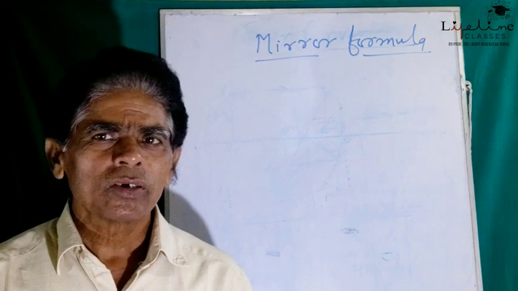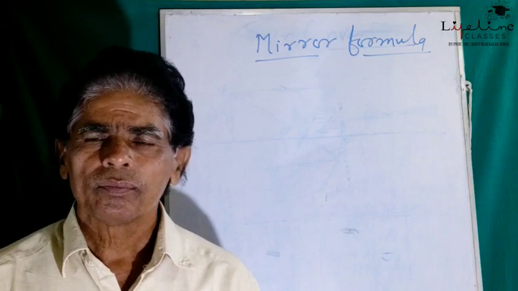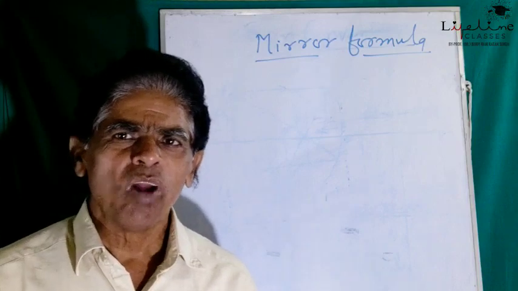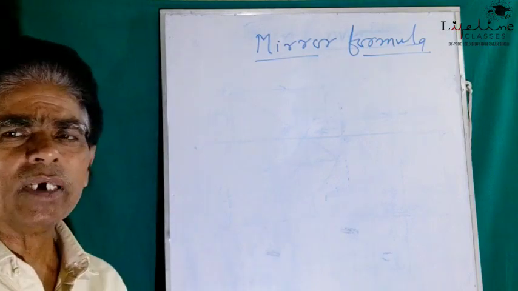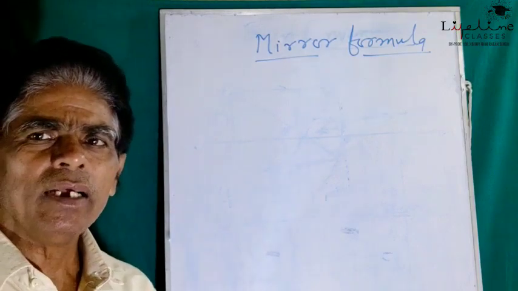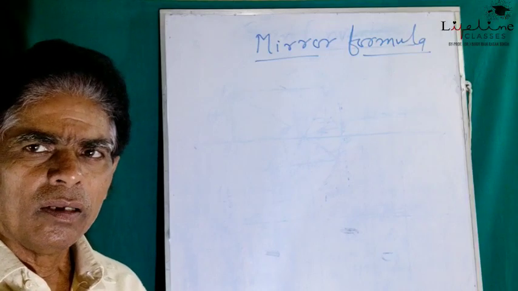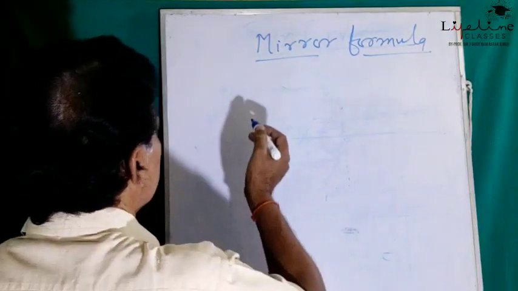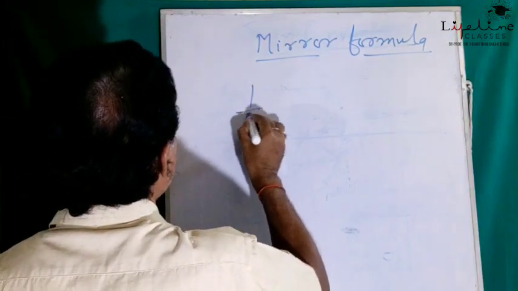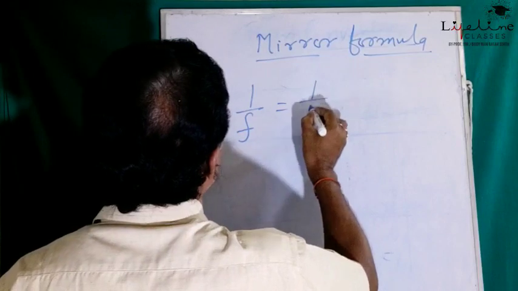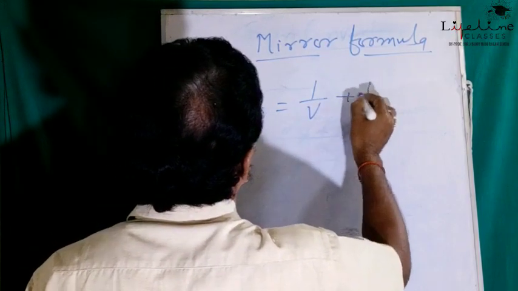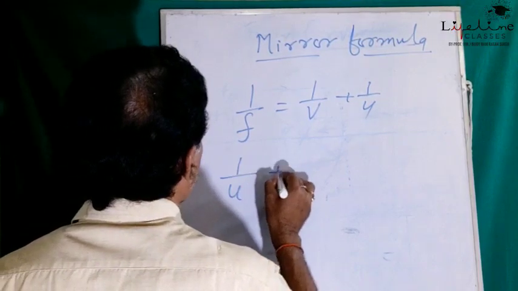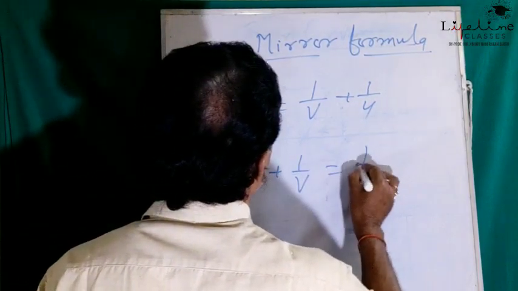We have already discussed it earlier. So let us see the mirror formula. It is represented mathematically by an equation: 1/f = 1/v + 1/u, or you may say 1/u + 1/v = 1/f.